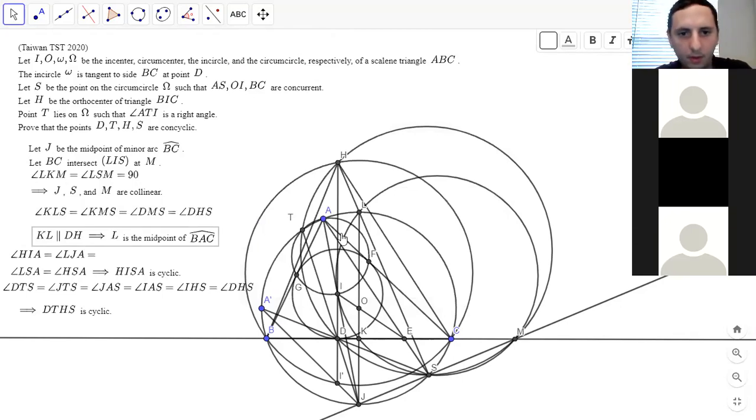But wait a sec. K is the midpoint of BC. Actually, we defined K as the midpoint of BC, I guess.